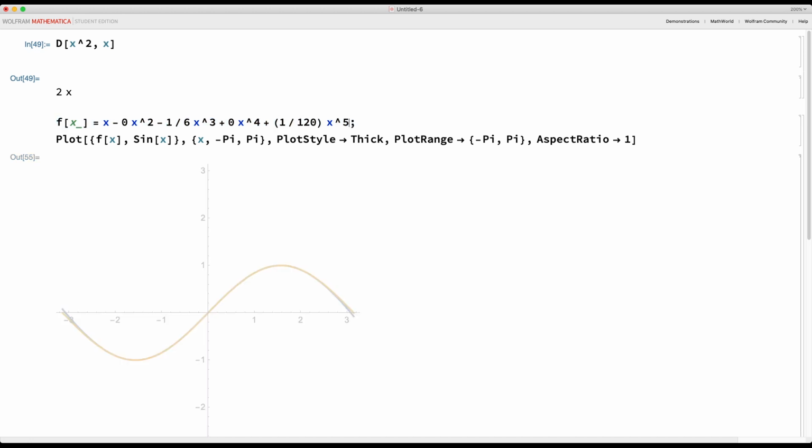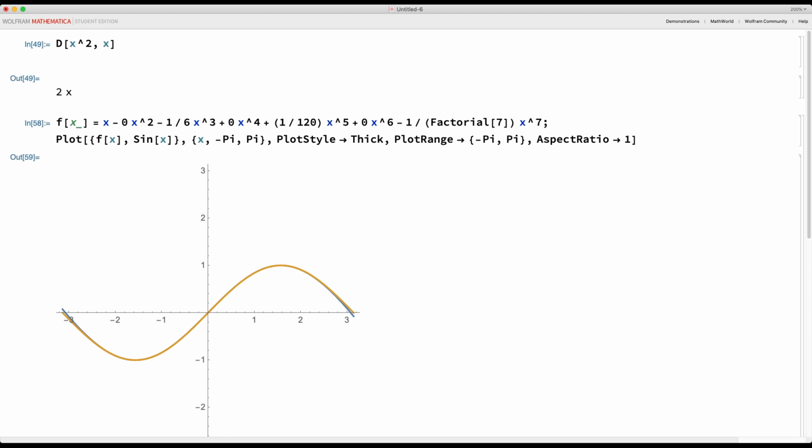I'm just going to truncate it, right? So there, if I go up to x to the 5th, I get that, which is pretty good, except by the time you get over to pi, it's pretty terrible, right? And if I add in an x to the 7th term, well, it's a bit better. Not great, not terrible. But if I add that other stuff back in, it'd be that, okay?